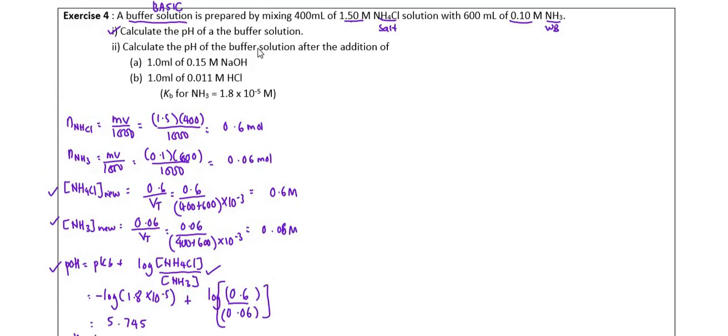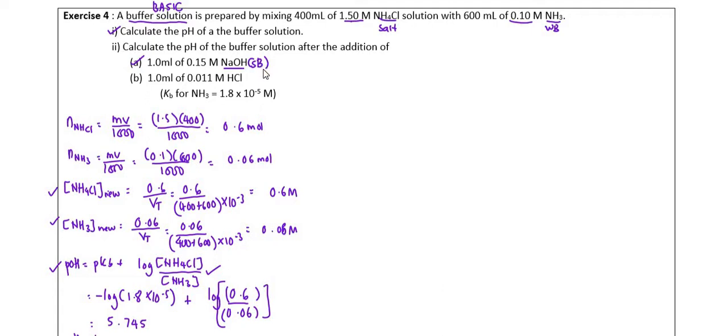Okay, now for question number 2, calculate the pH of the buffer solution after the addition. We want to focus on number A first, when you add 1 ml of 0.15 molar sodium hydroxide. Okay, as we know, sodium hydroxide is a strong base. So we want to calculate the pH after you add a small amount of strong base.